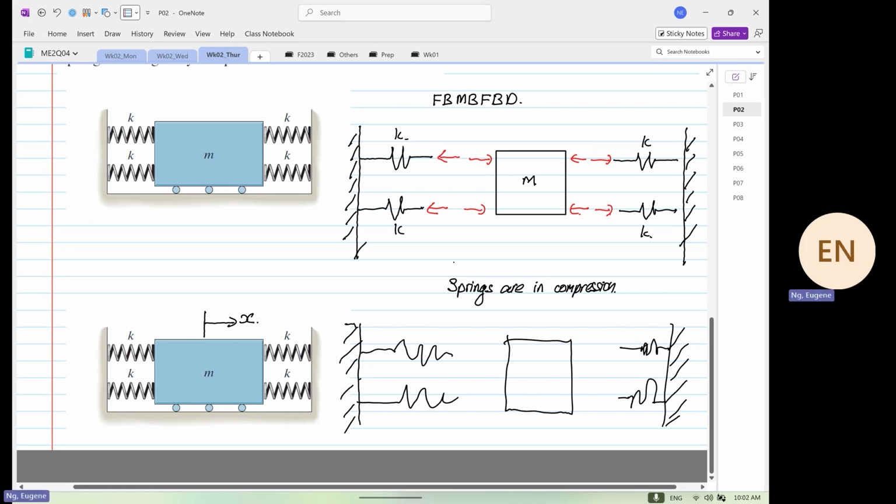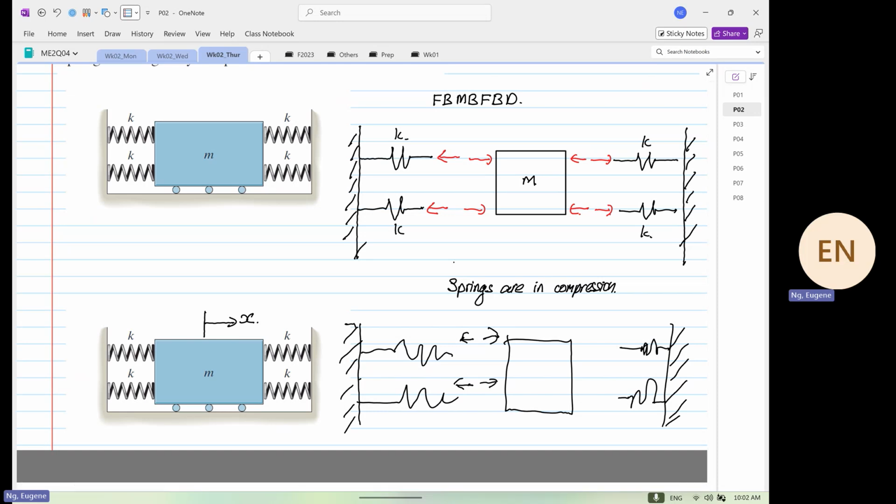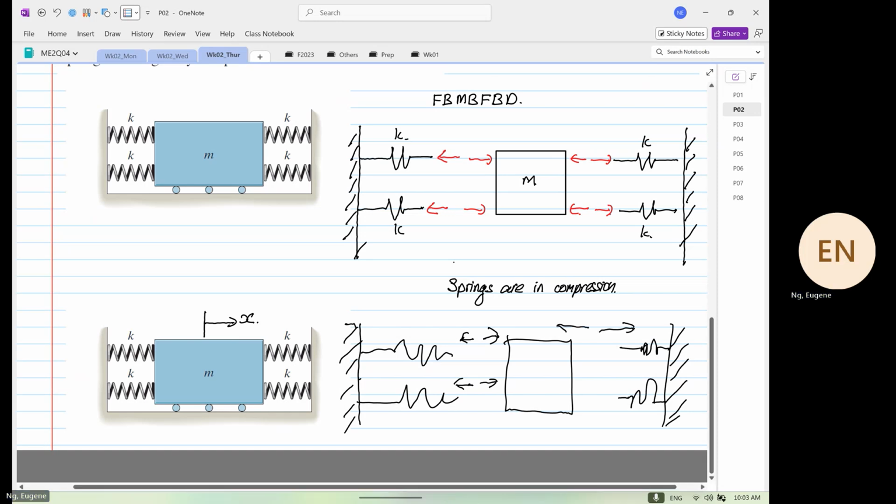That means that because of the equation for spring force, which is K times X, the force on the left is going to be even smaller, but in the same direction as when it was just being compressed on all sides. However, the springs on the right, because their displacement is even more now, the forces are going to be greater in magnitude, but still in the same direction.